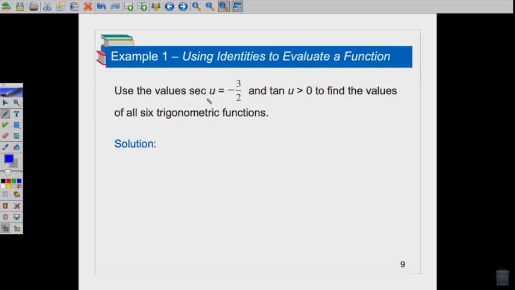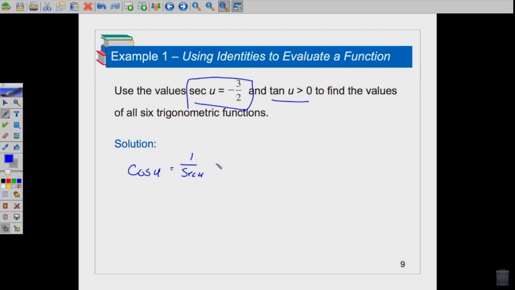I am given that the secant of u equals -3 over 2, and that the tangent of u is greater than 0. Find all 6 trig function values. I'm a little bit confused because I'm not quite sure what to do, but I do know one thing for certain: the cosine of a specific angle is 1 over the secant.